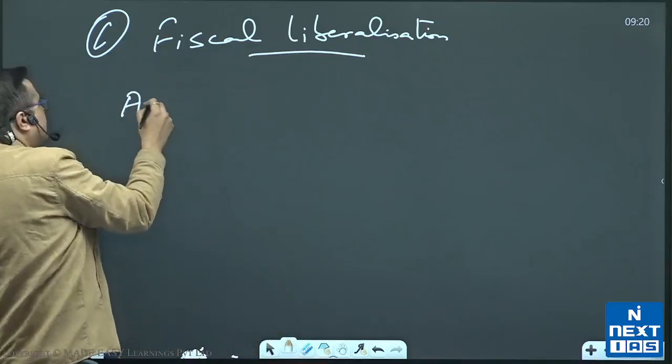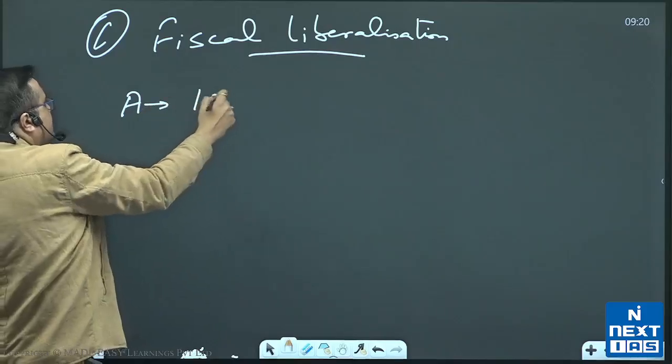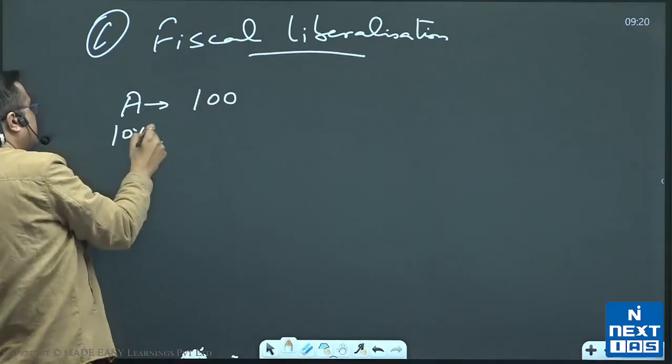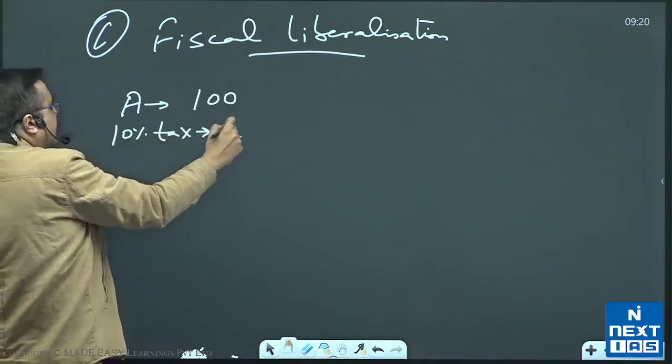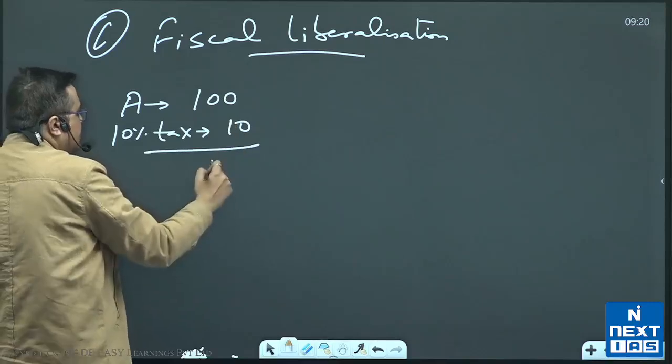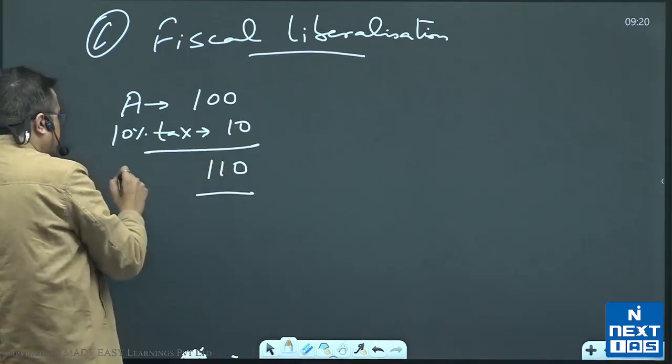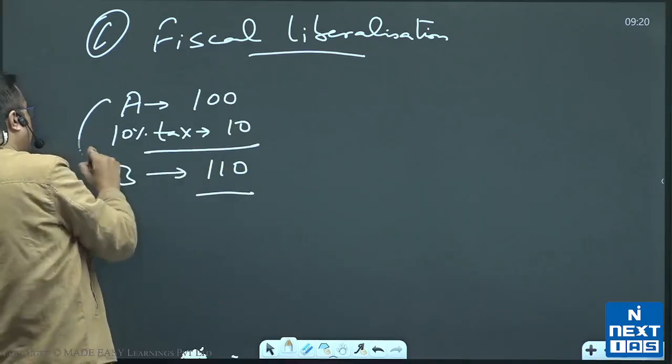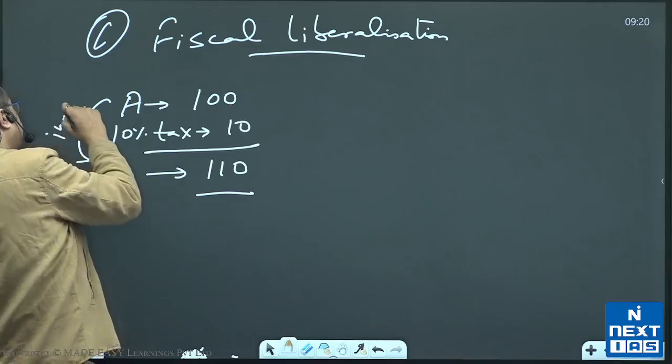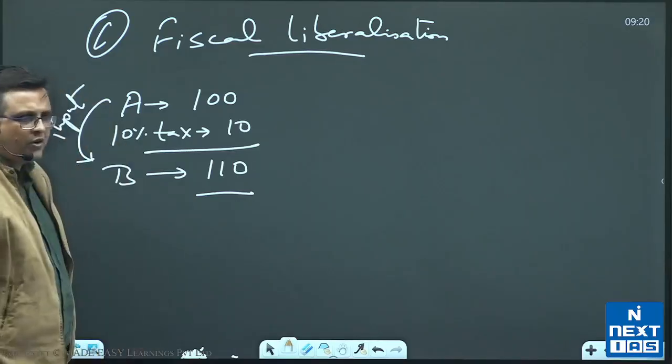Suppose there is a commodity A which is sold for 100 rupees, and then there is a 10% tax, so another 10 rupees. Say this 110 is sold to B, and this A is an input for B. All right.